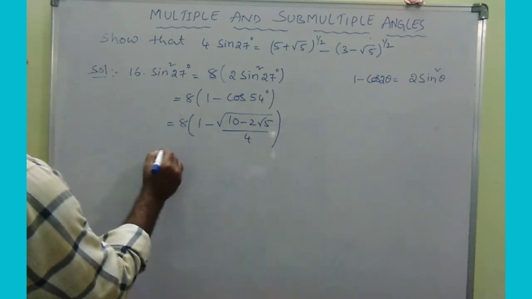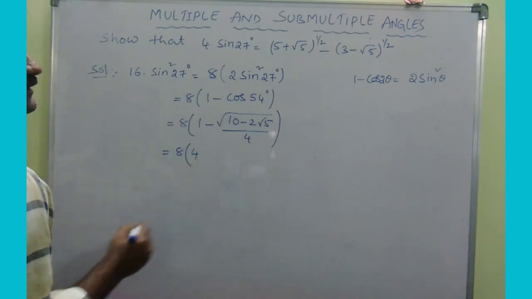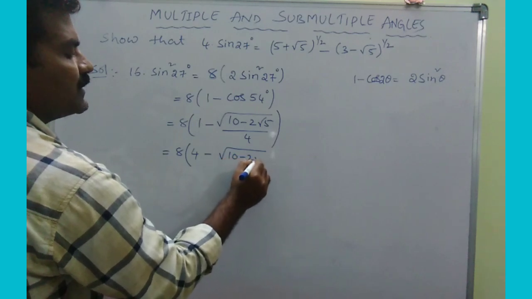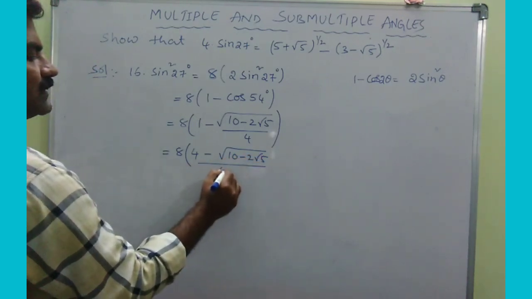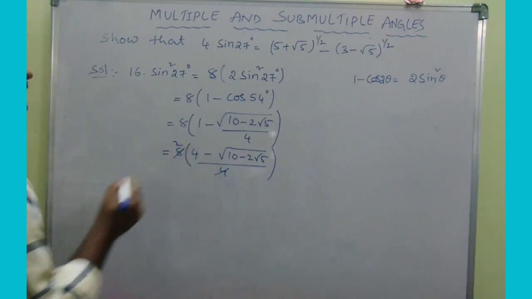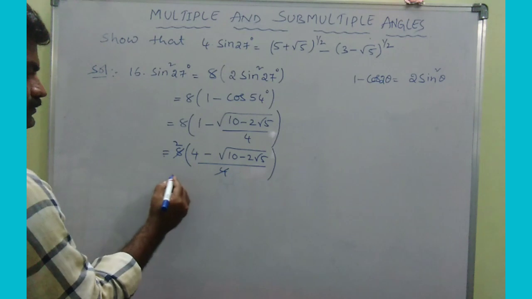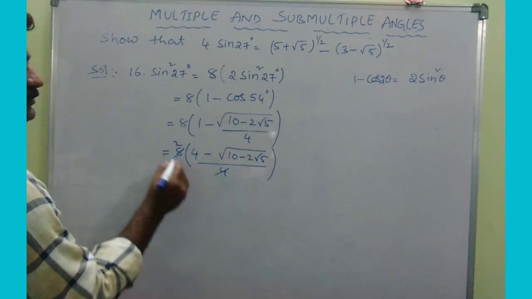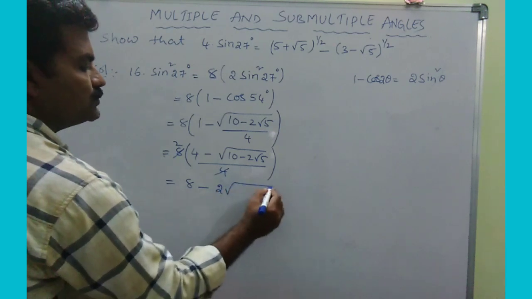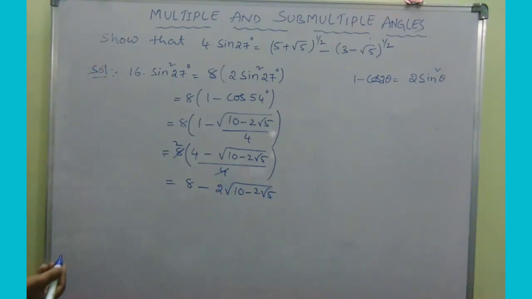So now for further simplification, go for cross multiplication. 4 minus root of 10 minus 2 root 5, whole divided by 4. Now this 4 here, 2 times. If you multiply with 2, then 2 4s are 8 minus 2 into root of 10 minus 2 root 5.